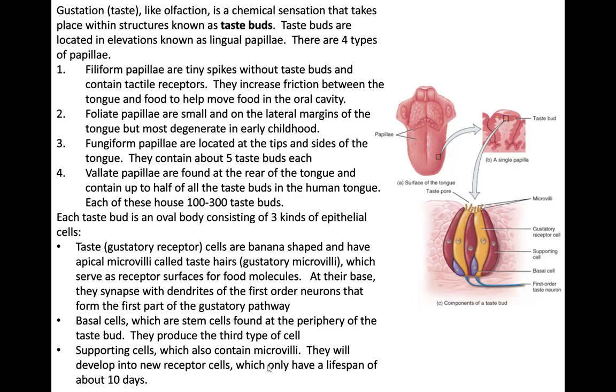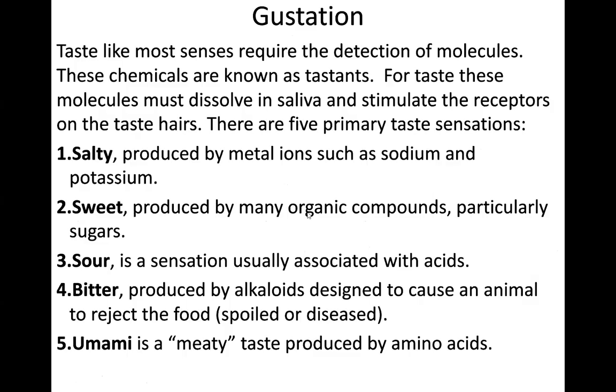That's because those receptor cells only last for a little over a week, about 10 days, before they need replacing. Now, when it comes to taste, there are 5 primary taste sensations. Let you guys write these out.